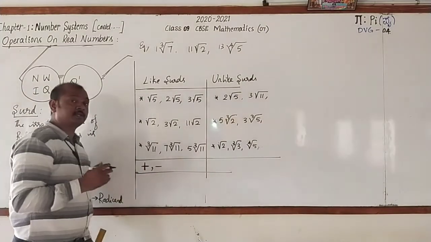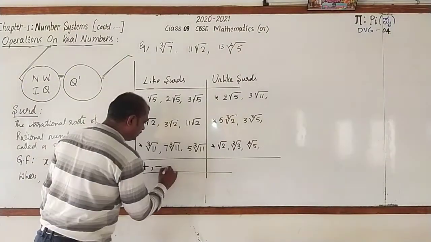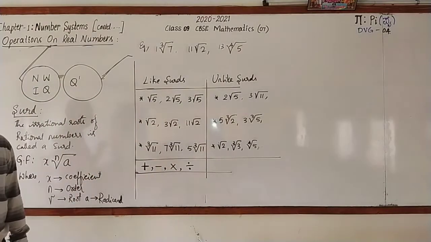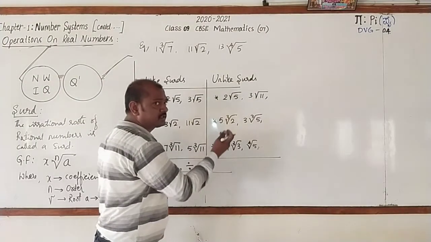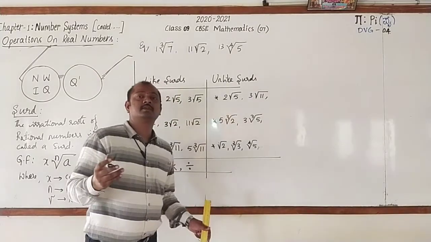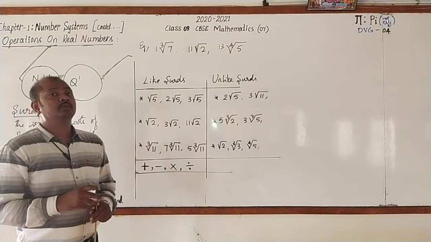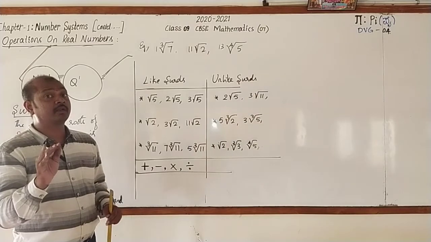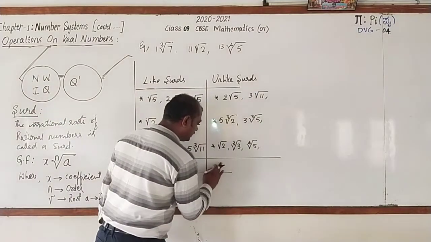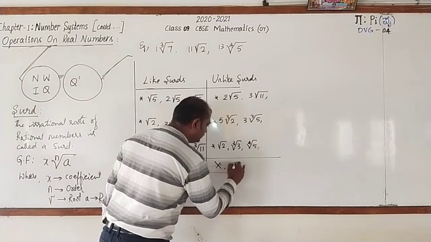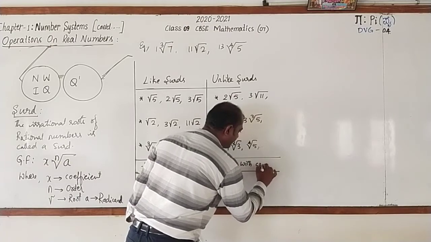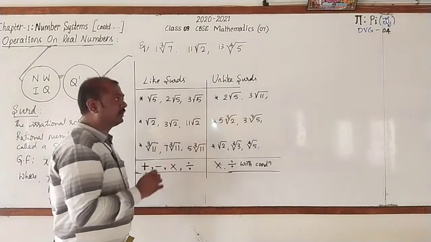You can subtract them, and even multiply as well as divide. Clear? Whereas if unlike surds are there, you cannot add them, and you cannot subtract them. Multiplication or division can be employed with some condition. Got it? You have to remember this.